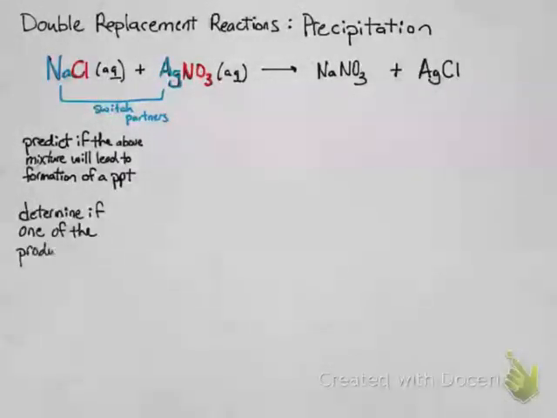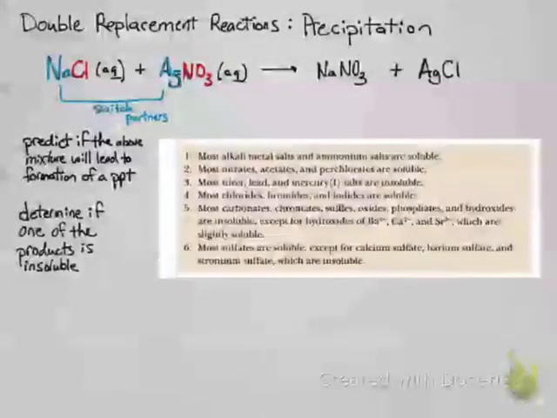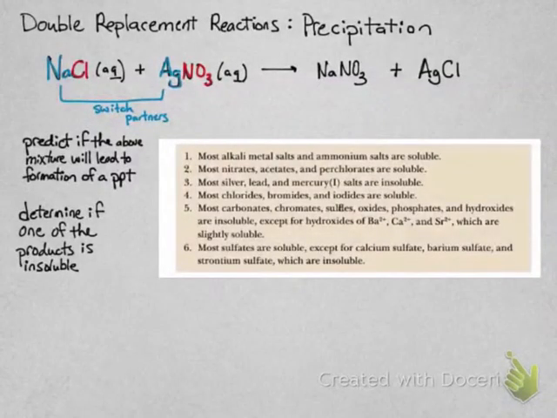We can now determine if one of the products is insoluble. And for that, usually, until you gain enough experience, consult a solubility table. The rules in this table tell you what types of cations and anions will be soluble and in what combinations. The list is meant to be followed in order.